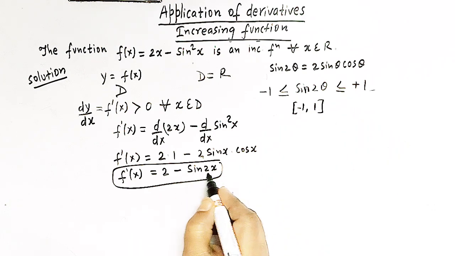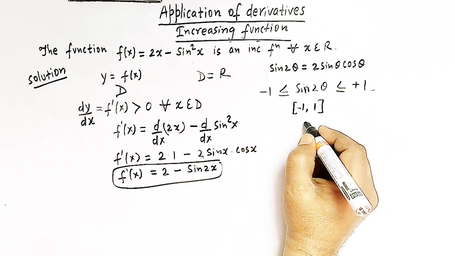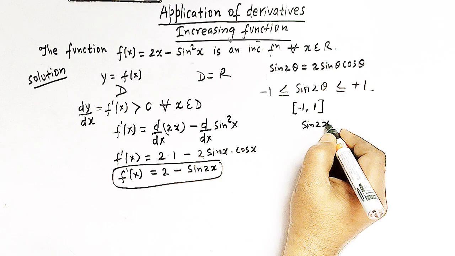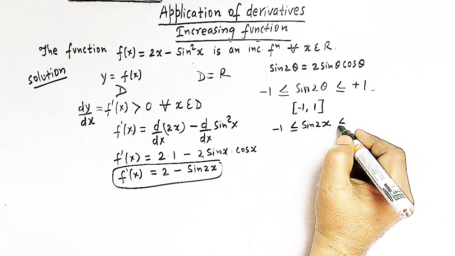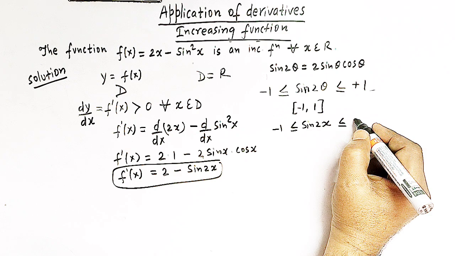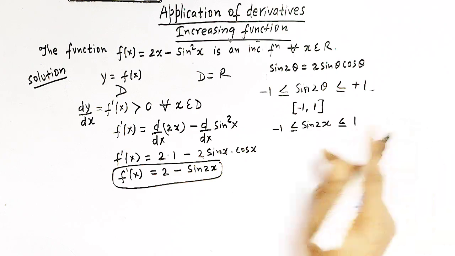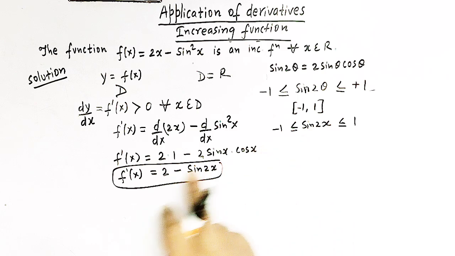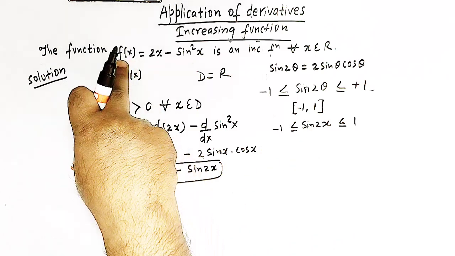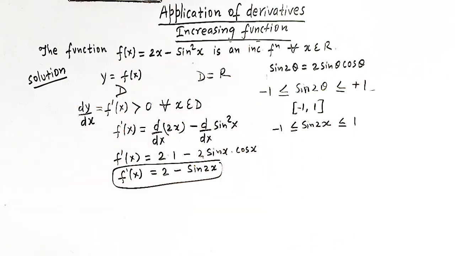So here we have sine 2x. The value of sine 2x is greater than or equal to -1, but less than or equal to +1. So let us use this inequality to prove that this function f of x is an increasing function.